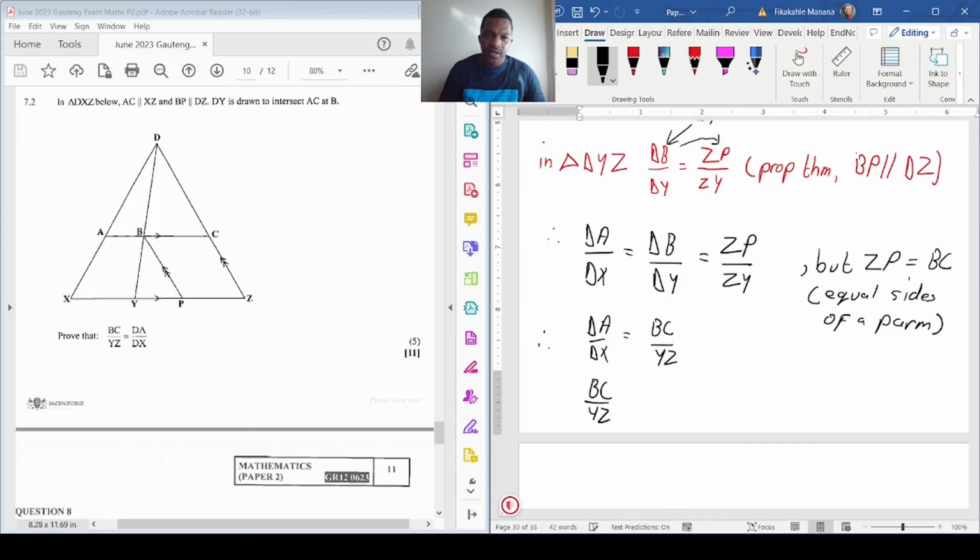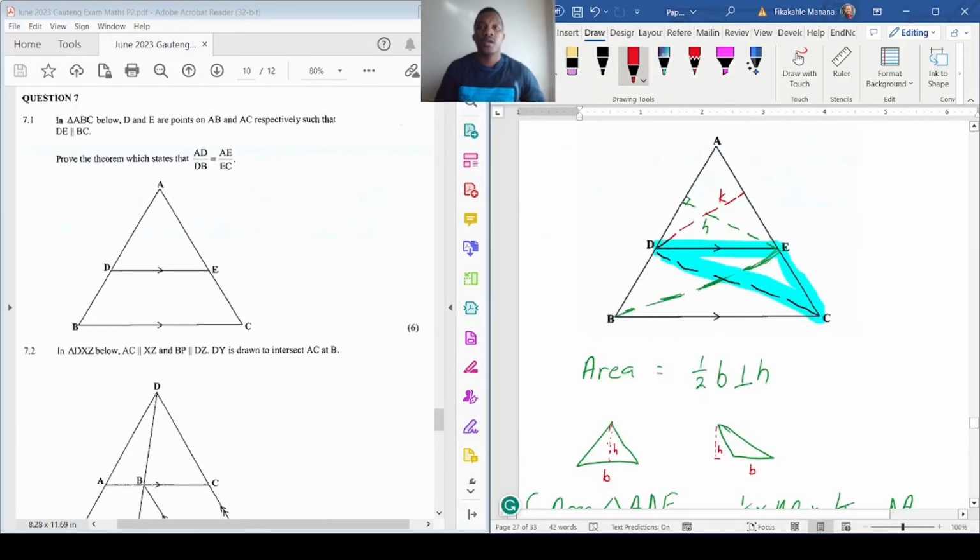I'm starting with this side, is equal to DA over DX. That's it. Well, I know this one was a mouthful. It was pretty tough, but I really hope you understood what I was trying to explain there. Okay, let's do the marks. So, 1 mark for construction, right?